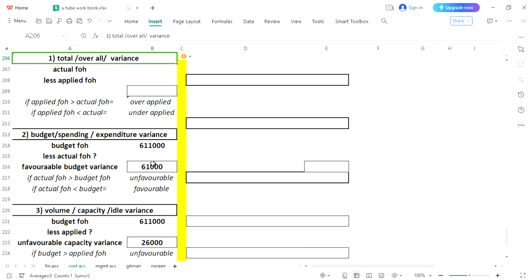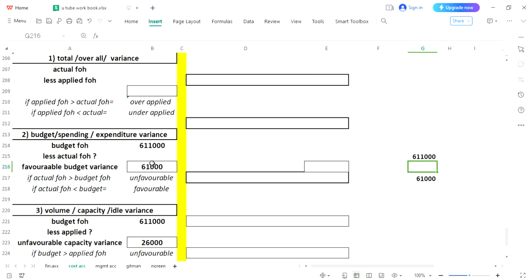Okay, it's time to calculate this actual FH. One related aspect is you have 611,000 and you have 61,000 over here.